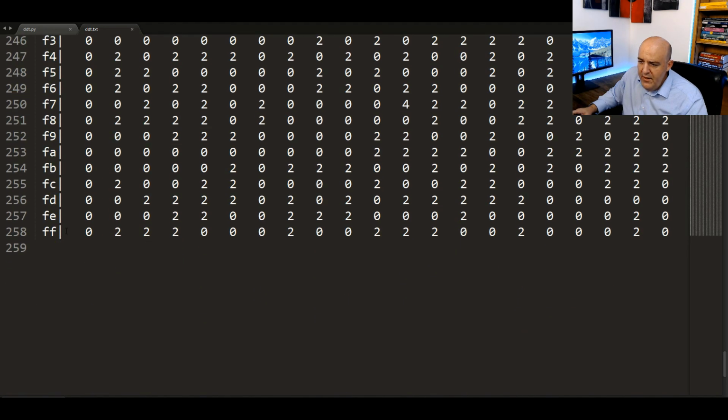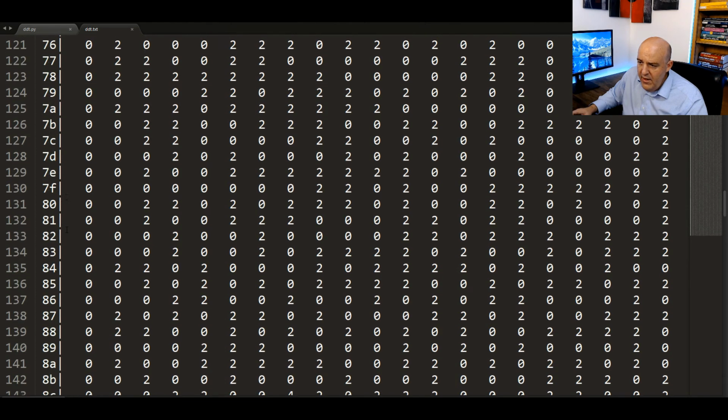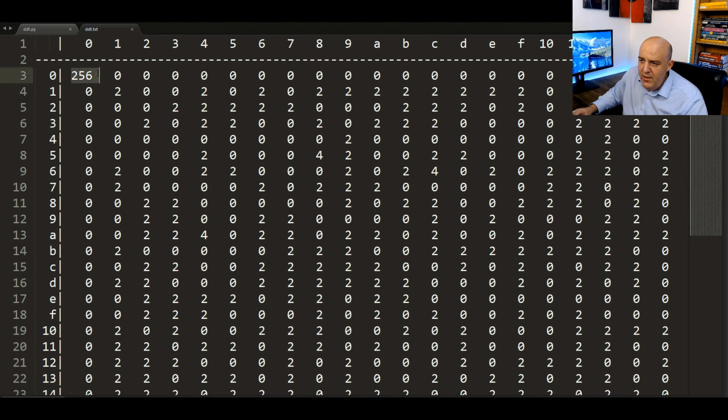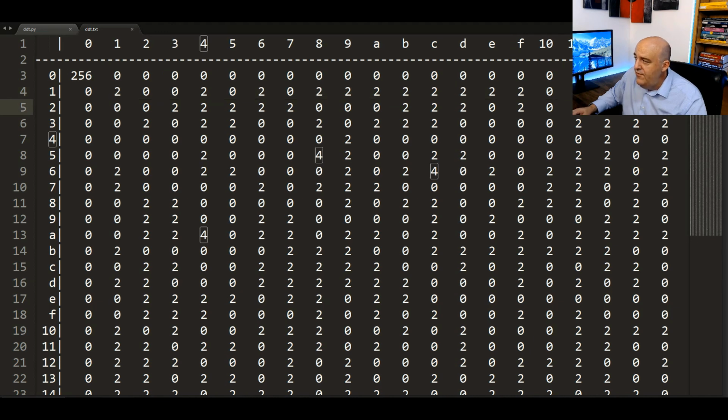So that's our table. And one thing to notice, of course, we have 2 to the power of 8 in this upper corner, all zeros in this row, all zeros in this column because it's 1 to 1, it's even a bijection. And then for every other row and column, except for the first row and first column, we have lots of zeros, we have lots of 2s, and the interesting thing is there's a 4.